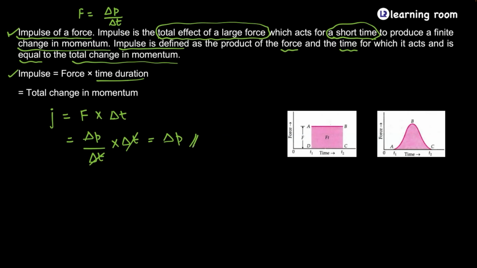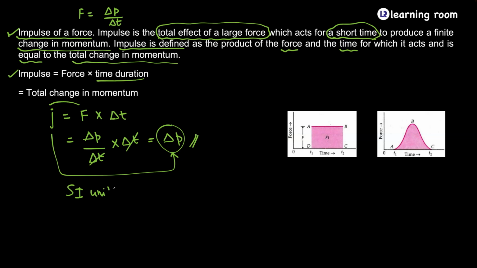So what did we start with? Impulse is equal to force into time duration. After substituting force as delta P by delta T, delta T got cancelled. So mathematically, impulse is equal to the change in momentum. Makes sense? Having said that, what should be the unit of impulse?